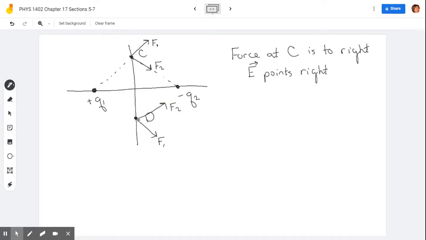And again, when you add those up, the net force is going to be to the right. So E points to the right at D. Just think about the individual forces and then think, what would be the direction of that vector sum?